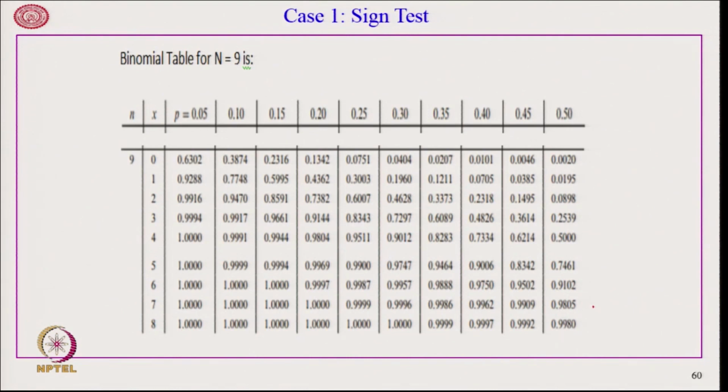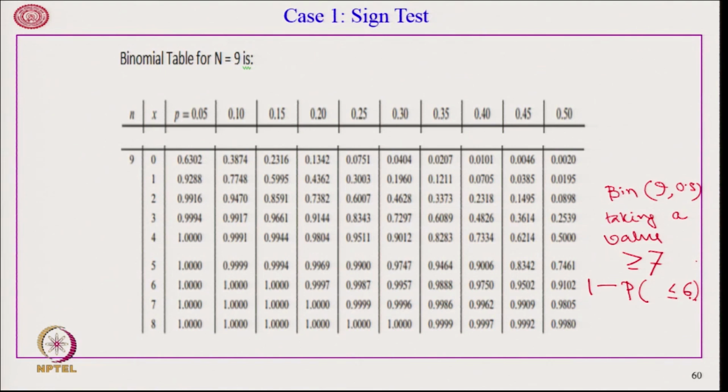This is nothing but 1 minus the probability that the random variable is less than or equal to 6.